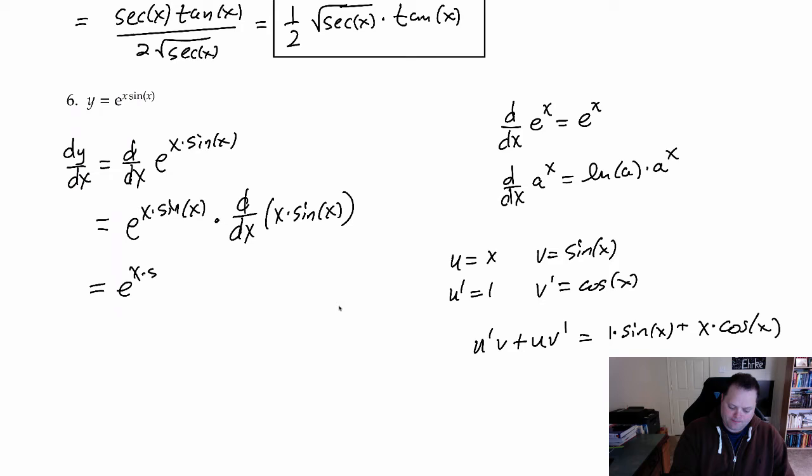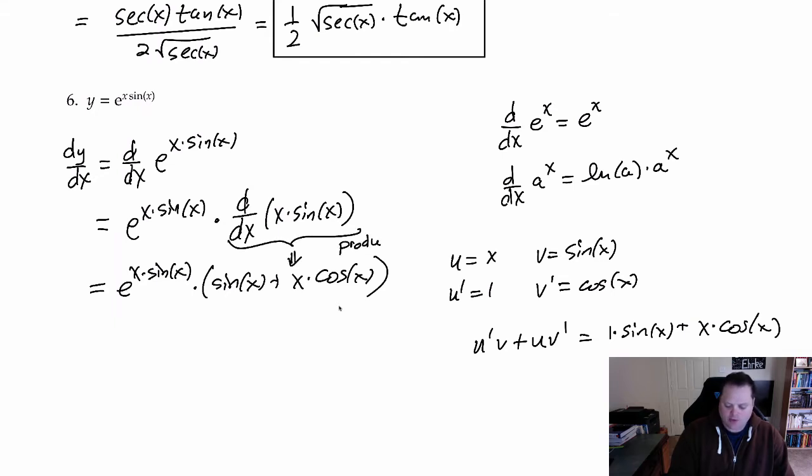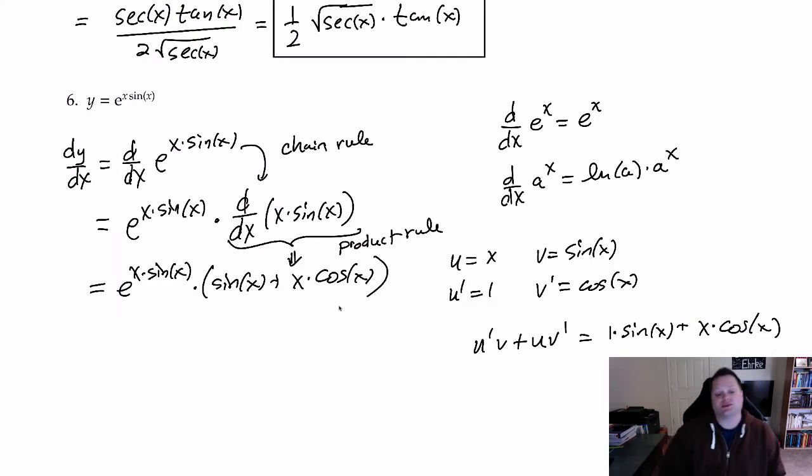So this derivative is sine plus x times cosine. And so that's all there is to it. I know this piece requires product rule, so I used product rule to finish it out. The piece going from here to here, I used chain rule. So this is a problem that has a product rule inside of a chain rule. You have to be able to work with multiple rules in a single problem.